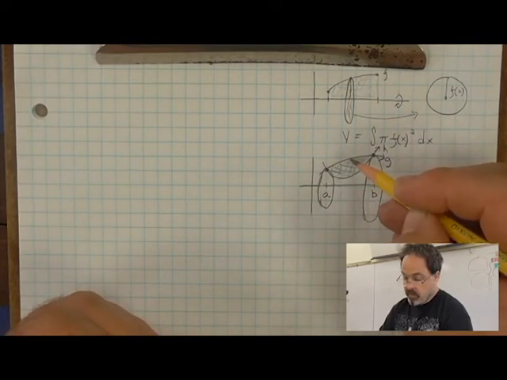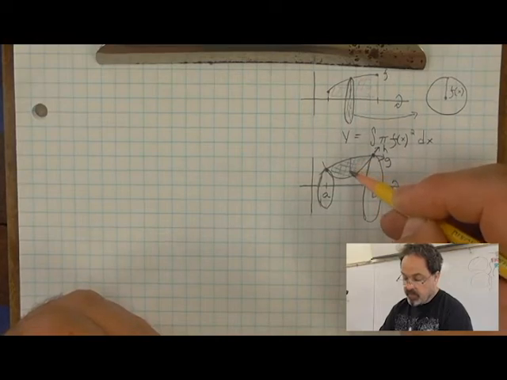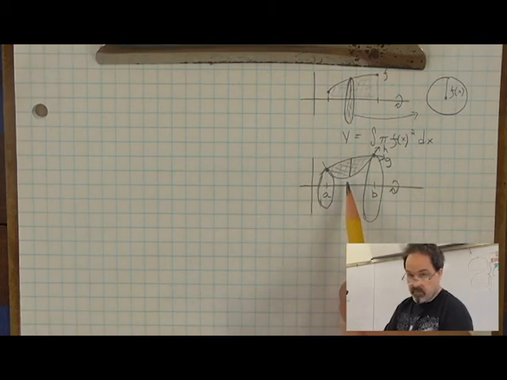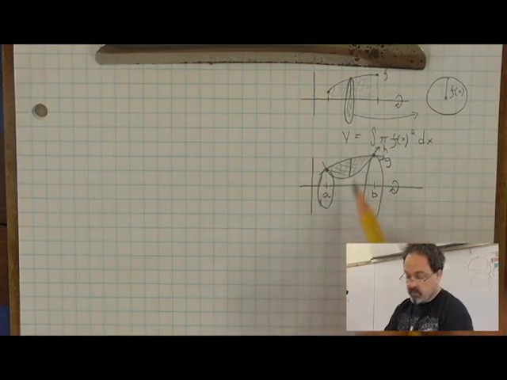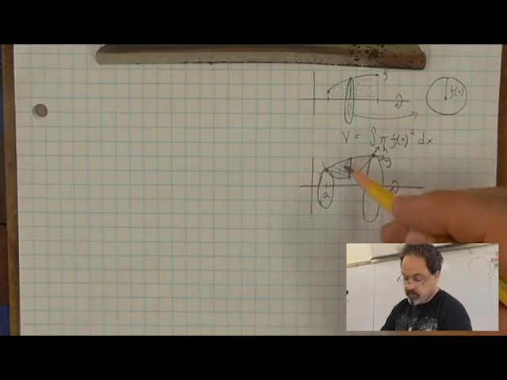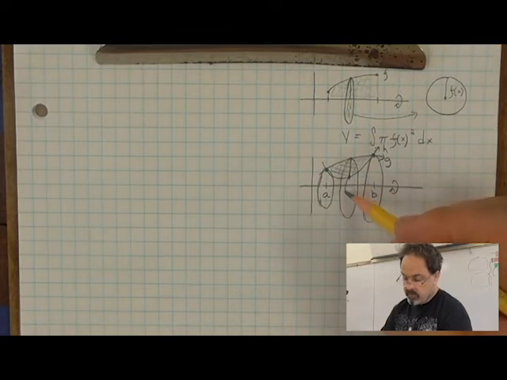We could make a representative slice by imagining what happens when one infinitely thin line between these two functions is rotated around the x-axis. Well, let's make that representative slice in our perspective here by rotating the upper point around the x-axis and the lower point around the x-axis.